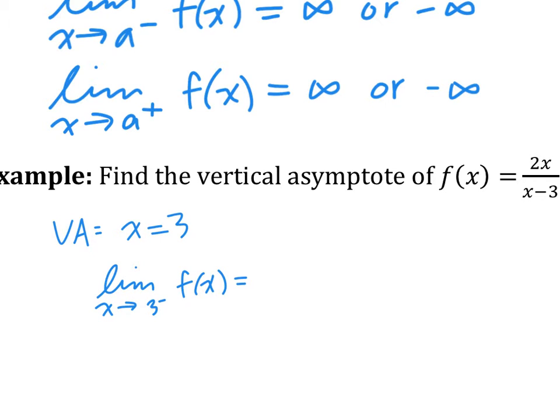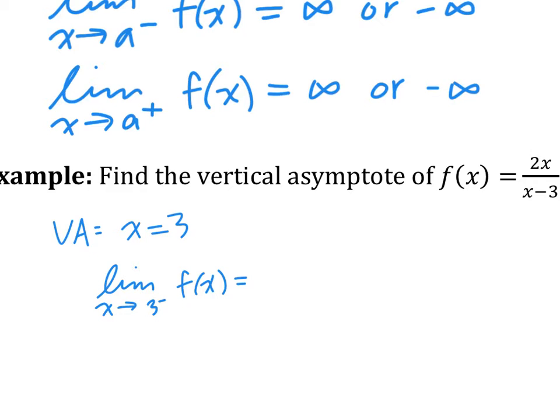Which direction? When x is going to 3 from the negative side, y is going where? Up or down? Down. How do you know? Just plug in points. If you remember your graph, you will remember that if you're coming from the left-hand side, y is always going down.